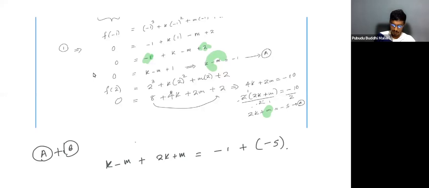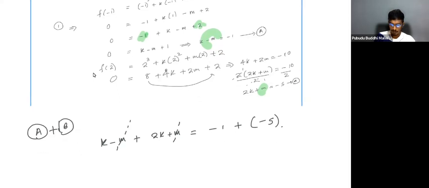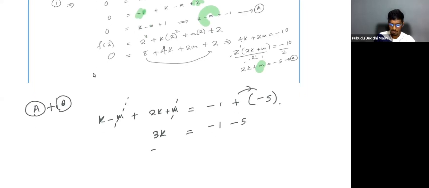Then here m and m will cancel because of two different signs. 2k plus k, that's 3k, equals minus 1 plus minus 5. Then divide both sides by 3. So k equals minus 2.